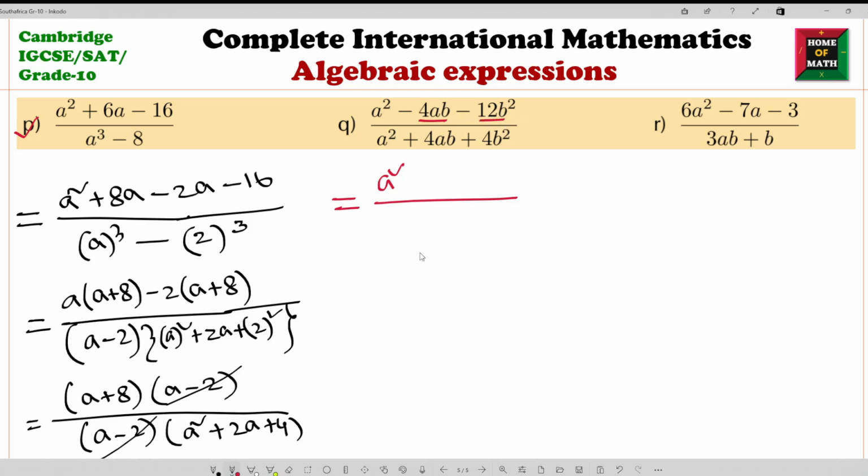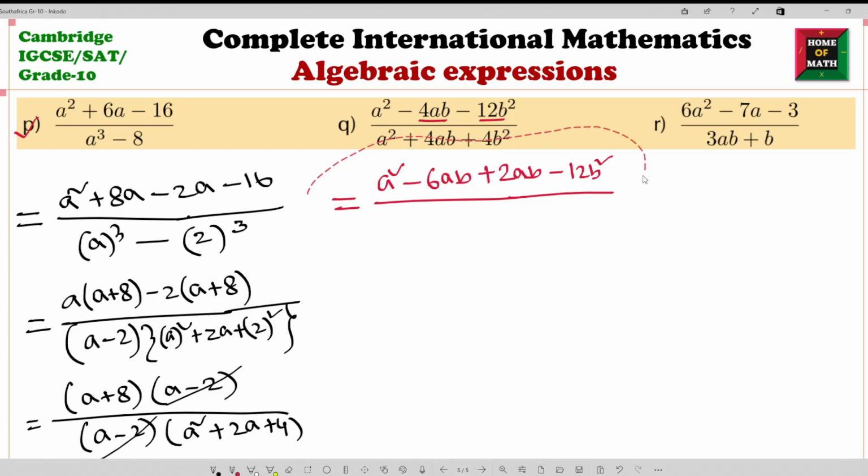So we can write like this, sorry, here is minus, so minus 6ab plus 2ab. Minus 6ab plus 2ab means minus 4ab, and 6 times 2 means 12, minus 12b square, right?